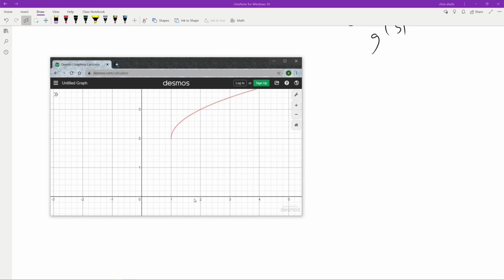But in this case, it's starting at 1, 2. So as a result, this has been shifted to the right 1 and up 2.